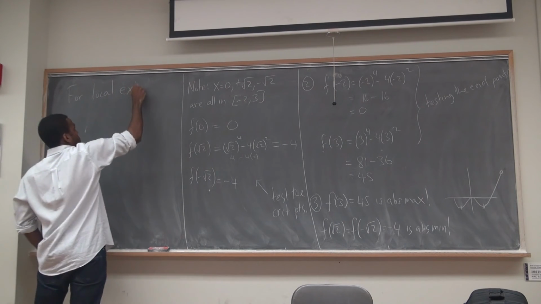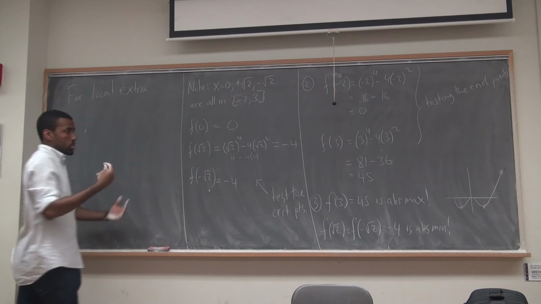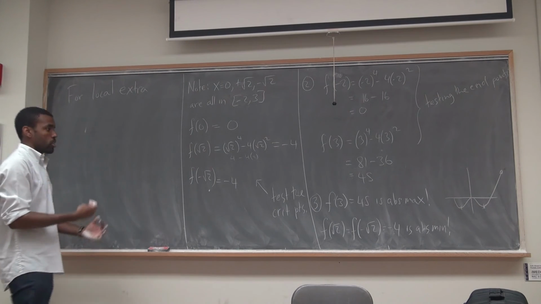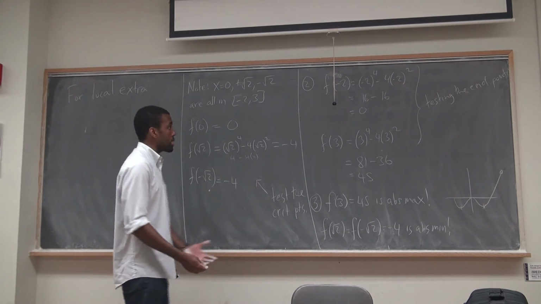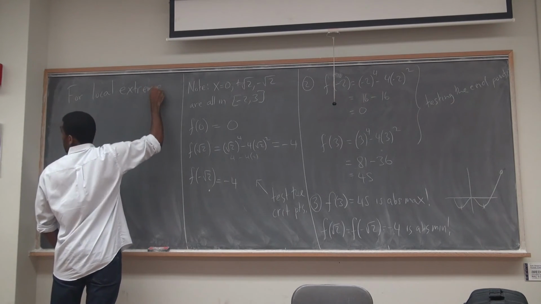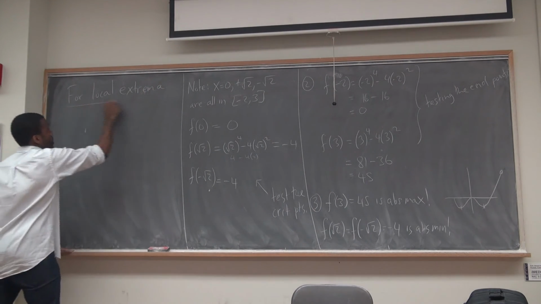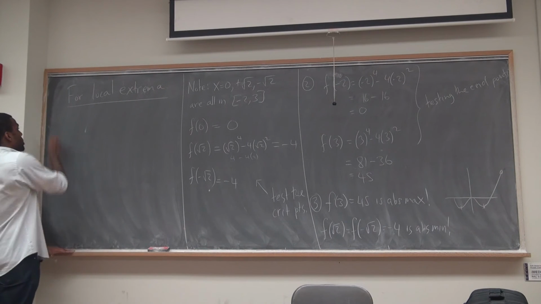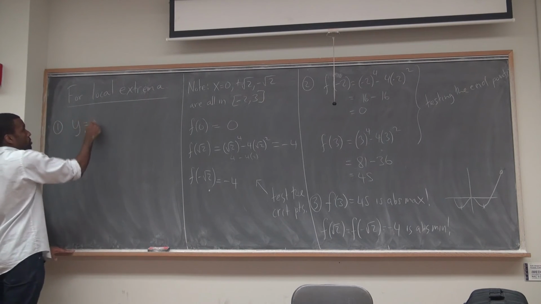This is going to be a lot of overlap here, but I just want to start from afresh so you can see the difference. When you're looking for an absolute max versus a local max or a min, how things would go. Local extrema. Right, so step 1 was to find the derivative.